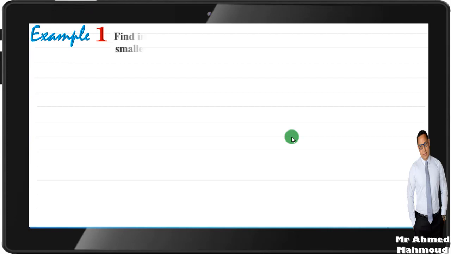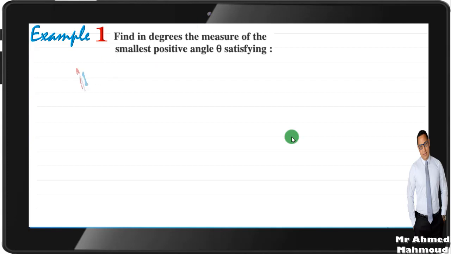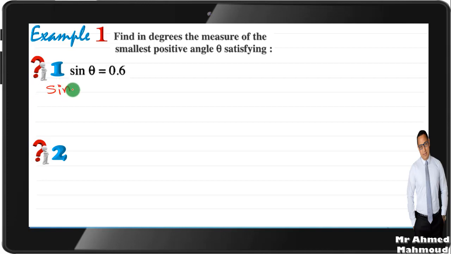Example 1 with us. Find in degrees the measure of the smallest positive angle theta satisfying number 1, sine theta equals 0.6. To find theta, we press shift sine 0.6.